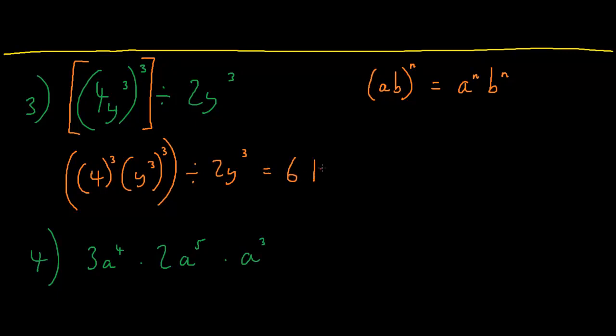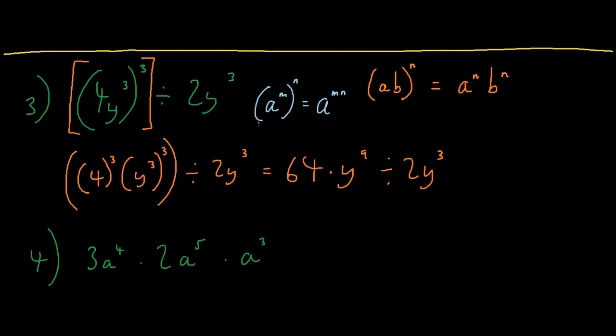64 multiplied by y to the power of 9 divided by 2 multiplied by y to the power of 3. Now, we get y to the power of 9 here as a to the power of m to the power of n equals a to the power of m multiplied by n.